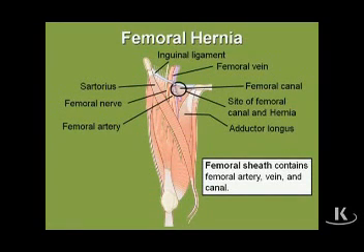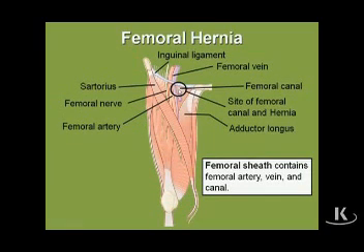The femoral artery and vein, which are the continuations of the external iliac artery and vein, do not occupy that entire femoral sheath. There's a little extra space. That space is called the femoral canal. And abdominal viscera can emerge into that femoral canal and present as a bulge here.